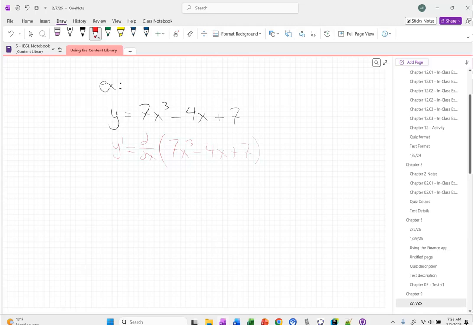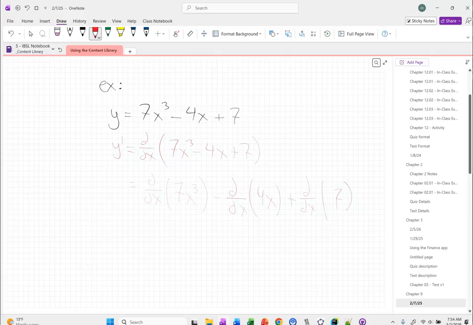I notice in that function y, I see addition and subtraction going on. I know I can distribute this derivative operation across the addition and subtraction, to change this from one rather complicated derivative into 3 less complicated derivatives. Are you okay with what I did there?